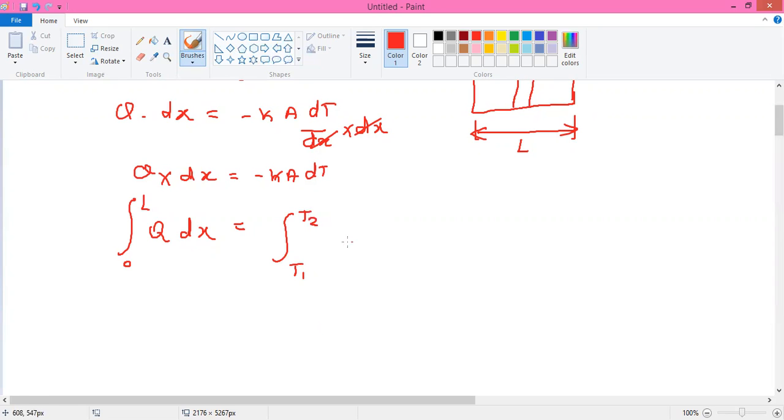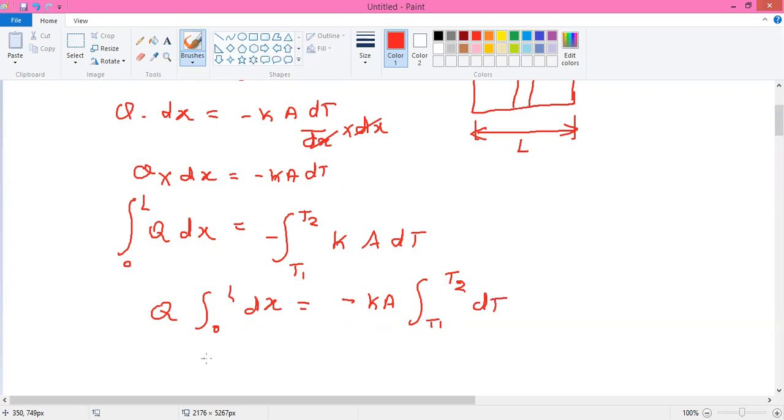Q is a constant, so the integral of Q dx from 0 to L equals minus KA times the integral of dT from T1 to T2.